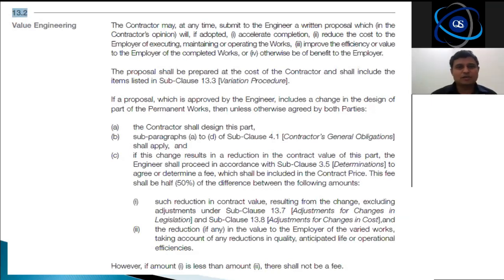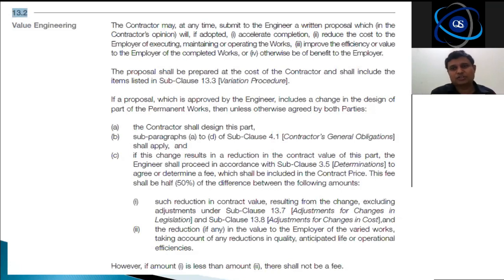The contractor may at any time give a written proposal in which, in the contractor's opinion, now this is very important. You remember in the 1987 version, when talking about the variation clause, they said if in the engineer's opinion it is necessary or appropriate, he can issue a variation. Now here, they give the discretion to the contractor.